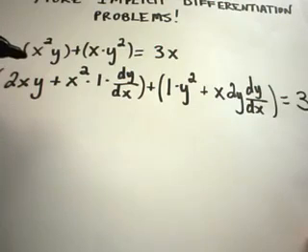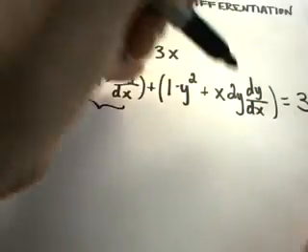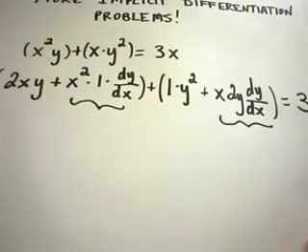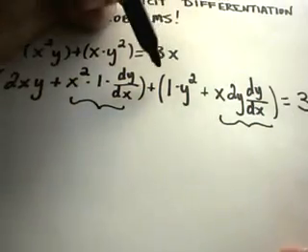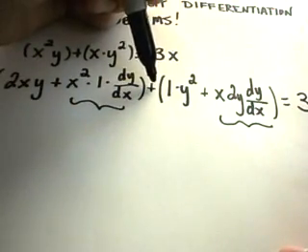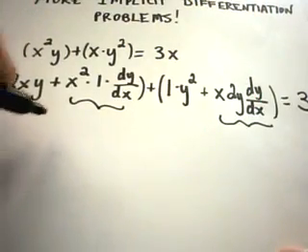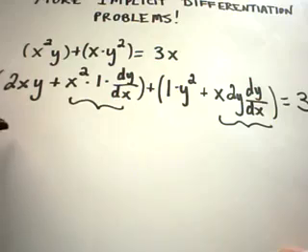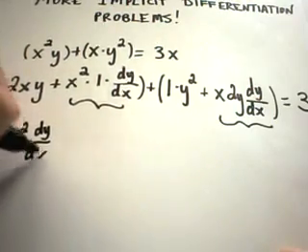Again, now the basic idea is we'll put all of our dy dx terms on one side. So notice I've got an x squared dy dx term. I've got a 2xy dy dx term. So I'm going to just leave those on the left side, recognizing that I should get rid of the parentheses, but since there's a plus 1 in front of the parentheses, I can just imagine they're not there anyway. So on the left side, I'm going to have x squared dy dx.